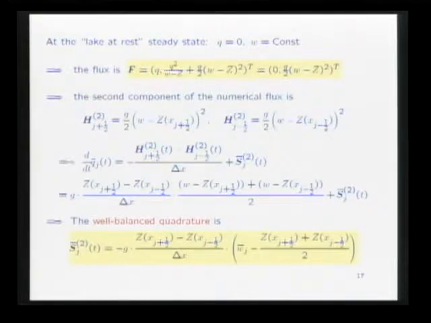Then the contribution of the fluxes in the evolution of the second component of the discharge will be this. Then we look at the source, and we need this expression to be 0 at the lake at rest steady state. This dictates what quadrature one should use to make the scheme well-balanced. That's very simple, and that's what we did.